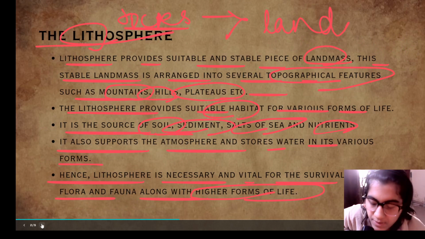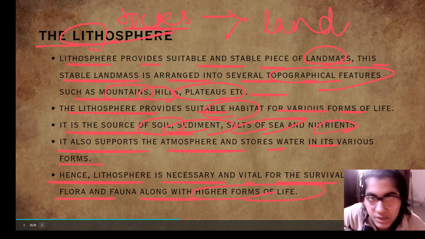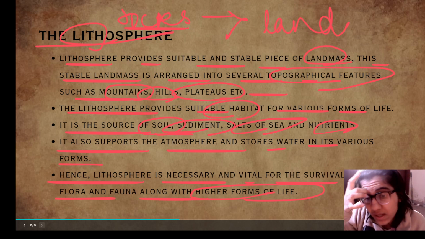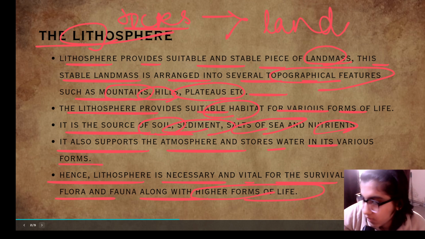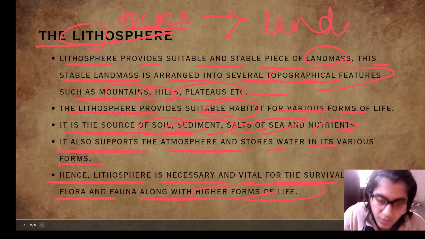We have covered different features of the lithosphere. It contains various topographical features like mountains, hills, and plateaus, and it also contains soil, sediments, salts of sea, and nutrients. It supports the other spheres within the geosphere, that is the atmosphere and hydrosphere, and it is very necessary and vital for the survival of all the flora and fauna.